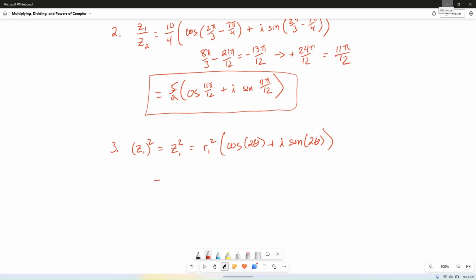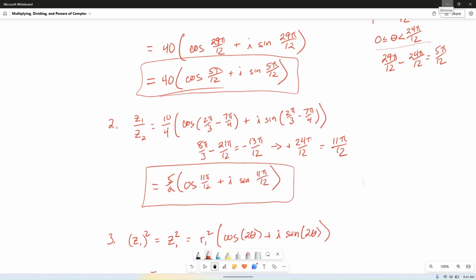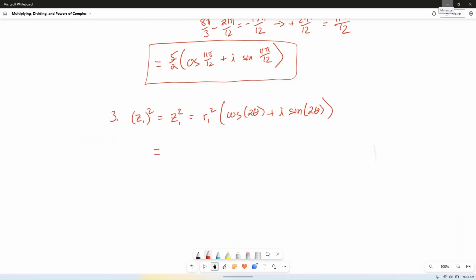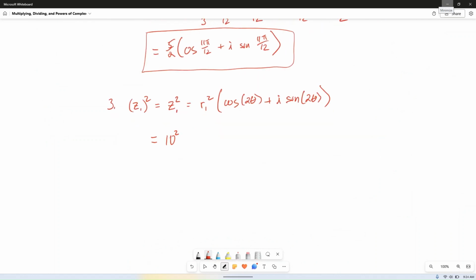Okay, so what does z sub 1 squared look like? Well, what is the r value for z1? The r value for z1 is 10, and the angle is 2 pi over 3. So we're going to have 10 squared times the cosine of 2 times 2 pi over 3 plus i sine of the quantity 2 times 2 pi over 3.